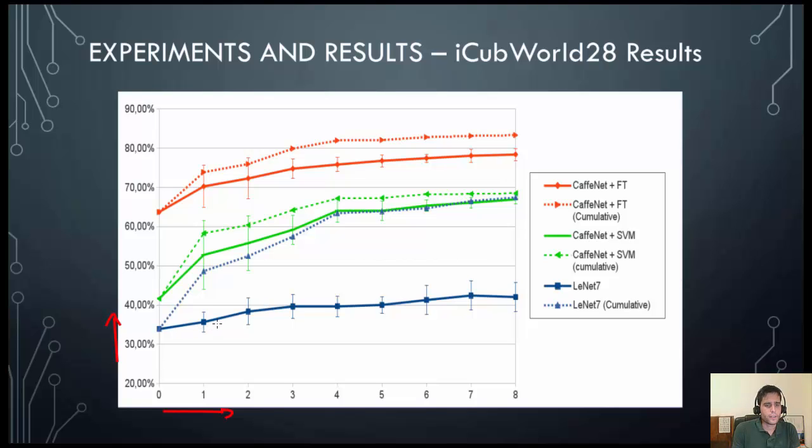The solid one is the actual incremental learning strategy, and the dotted one here, just for benchmarking purposes, is the same CNN, the same pre-trained model, but retraining the model from scratch after each incremental batch.